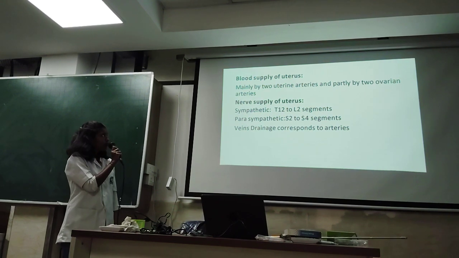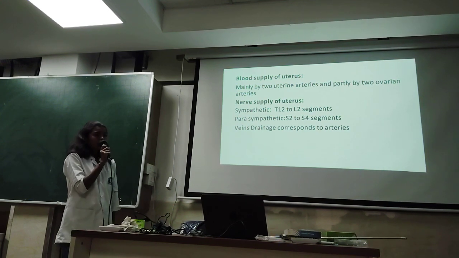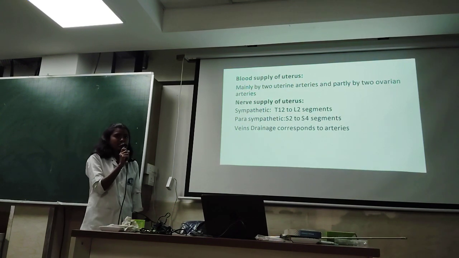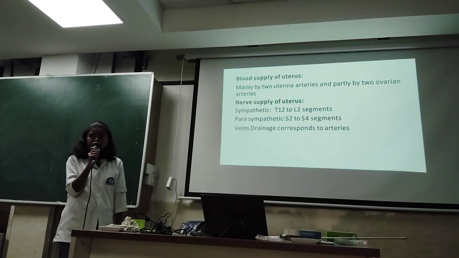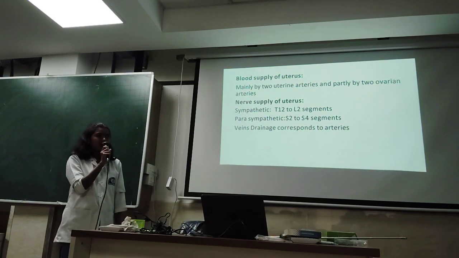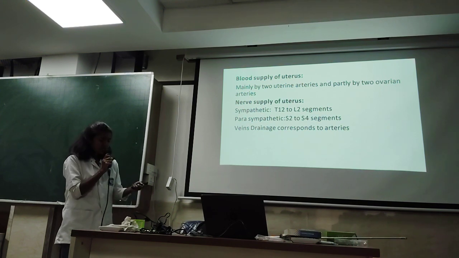Now the blood supply of the uterus, which is mainly supplied by the two uterine arteries and the two ovarian arteries. The nerve supply of the uterus is sympathetic, from the T12 to L2 segments, and parasympathetic, from the S2 to S4 segments. Venous drainage corresponds to the arteries.